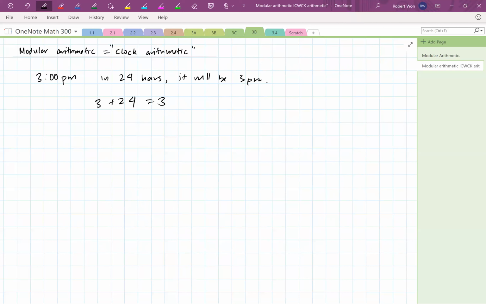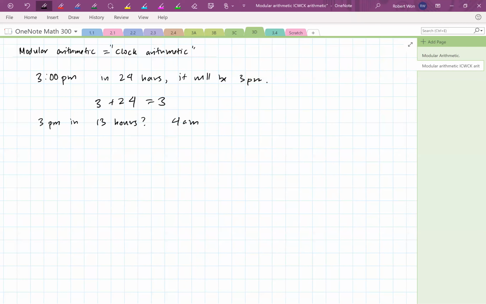So for example, if it's 3 p.m. right now and I ask what time is it going to be in 13 hours? Well, it's going to be 4, right? Because in 12 hours, it's going to be 3. So in 13 hours, it's going to be 4.